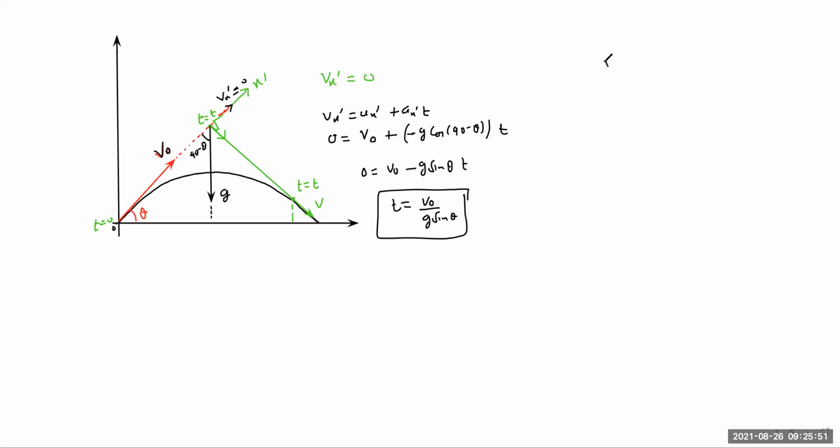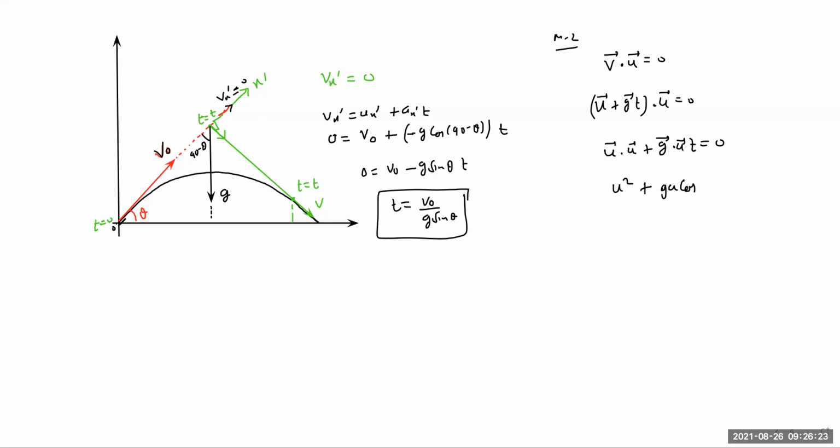We know v dot u equals 0. So, method 2, we can write (u plus gt) dot u equals 0. So u dot u plus g dot u into t equals 0. What is u dot u? It's u square, basically v naught square. What is g dot u? What is the angle between g and u?